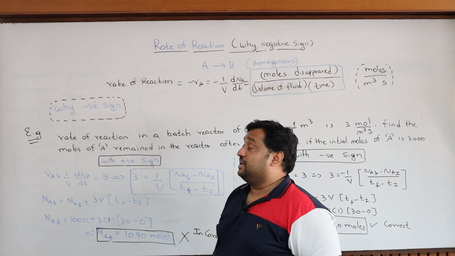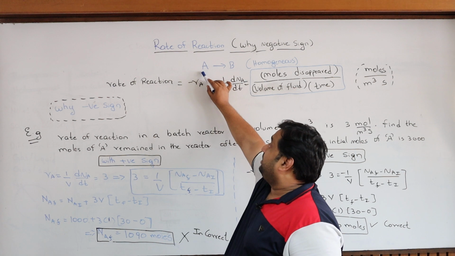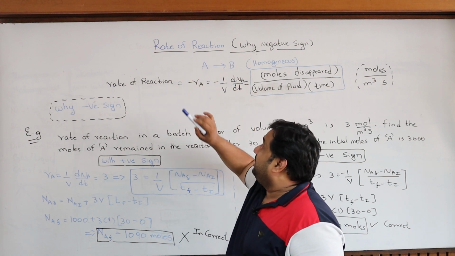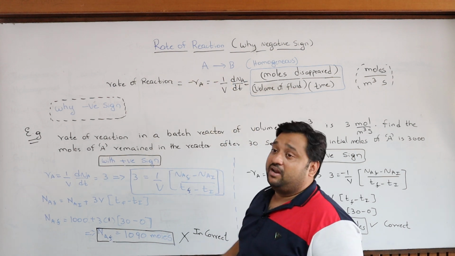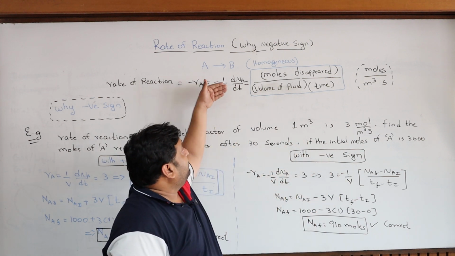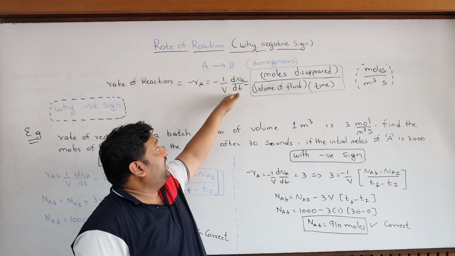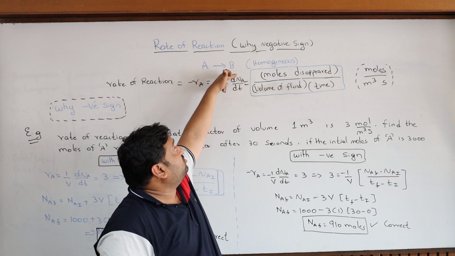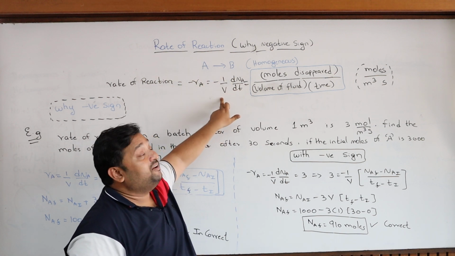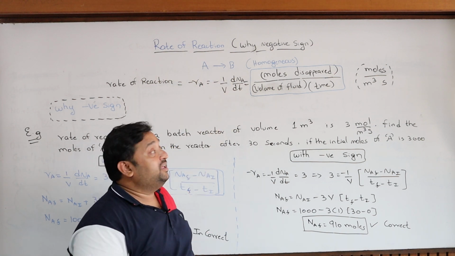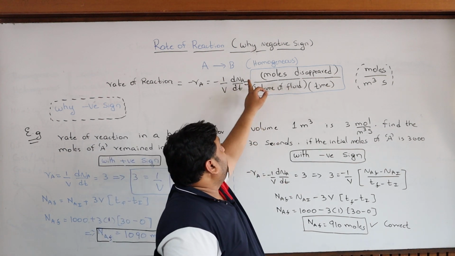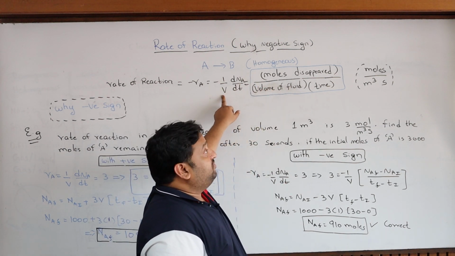A is my reactant here. So whenever I am trying to define the rate with respect to the reactant, I have to use this minus symbol. What is this? Minus 1 by V into dNA by dt. dNA by dt is the change of moles of A with respect to time in volume V of the liquid.